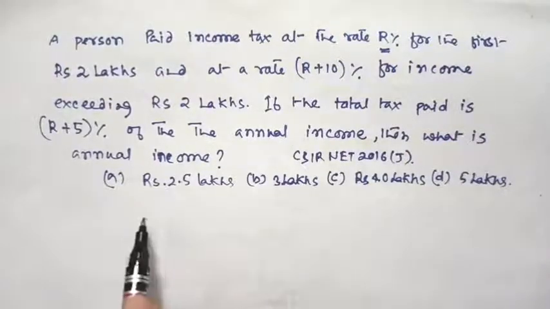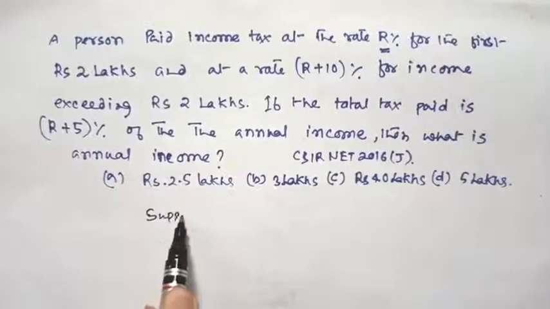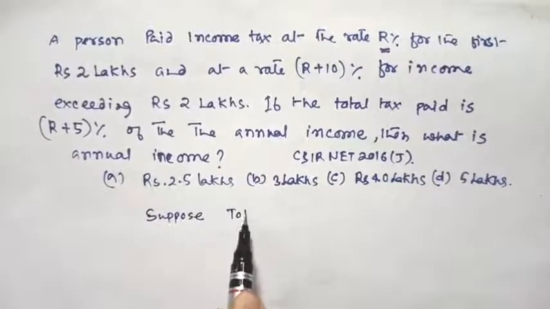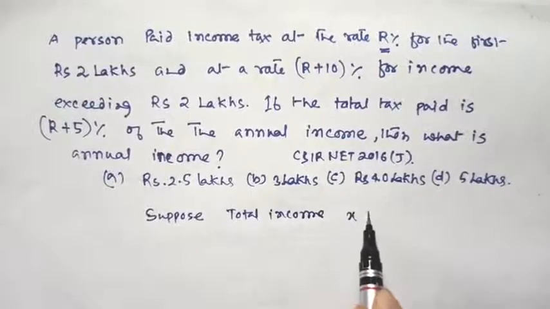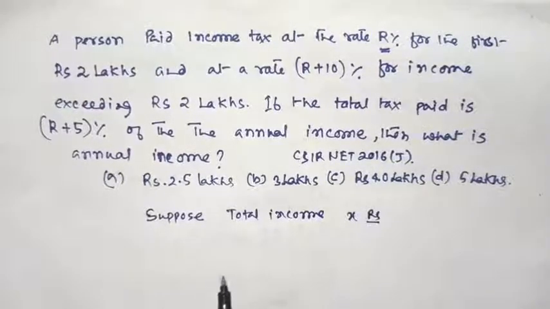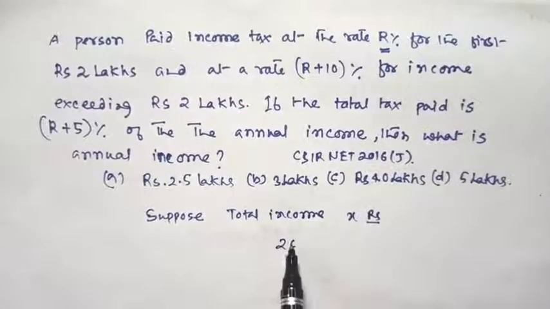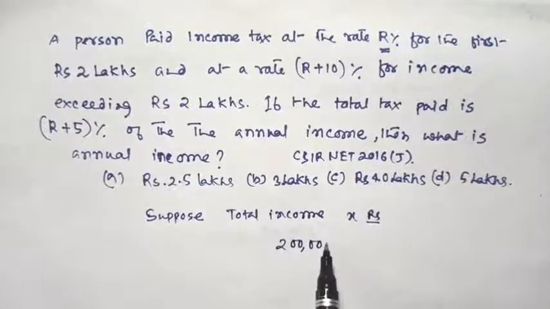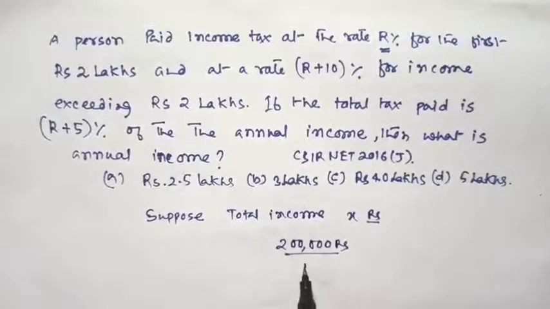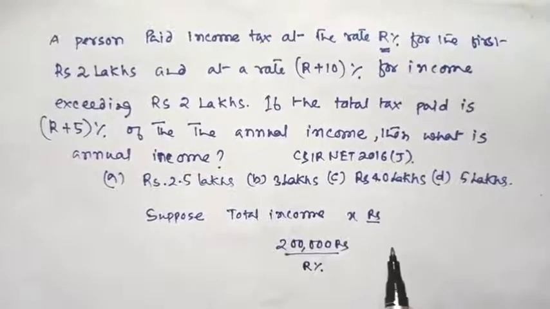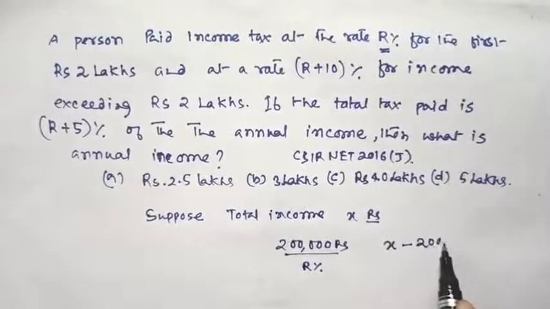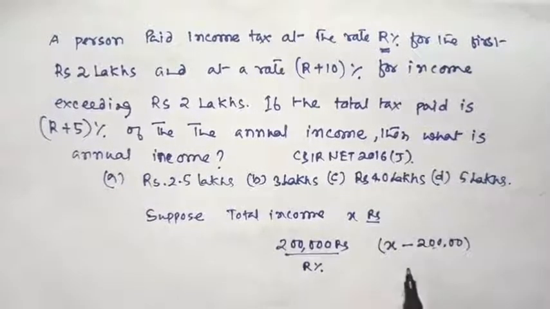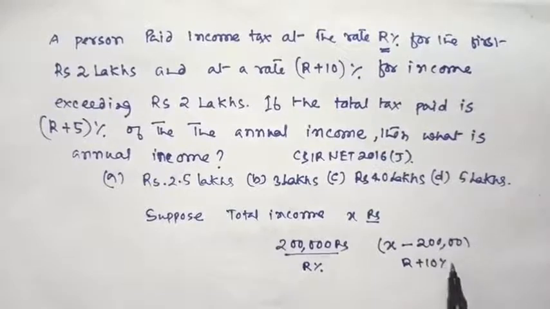Okay, suppose you consider the total income of a person is X rupees. So it is said that for the first 2 lakhs he was paying income tax at a rate of R%, and for the amount exceeding 2 lakhs he was paying income tax at a rate of R plus 10%.